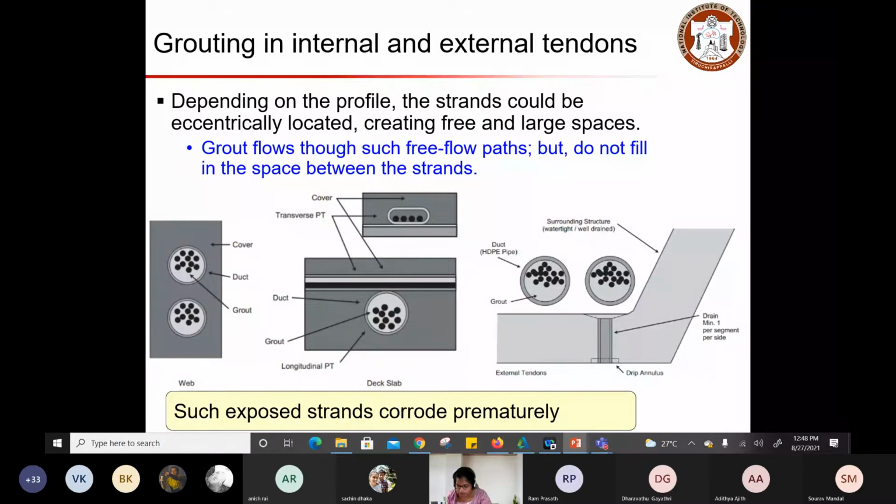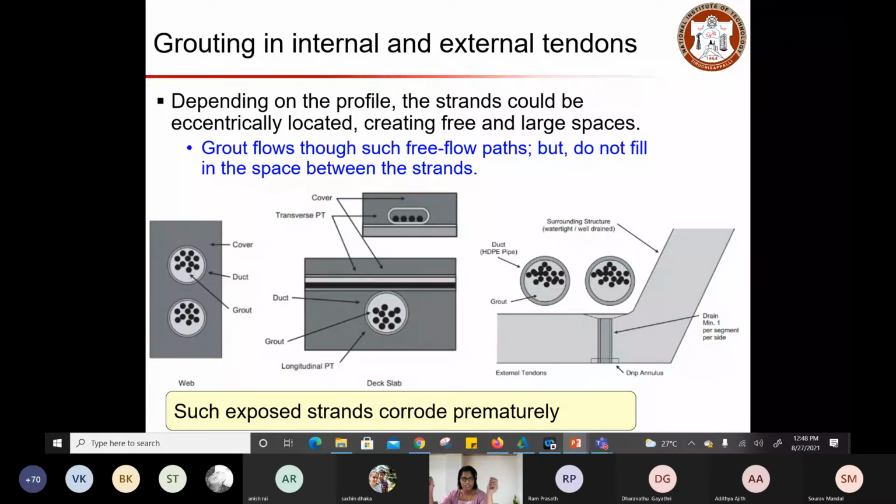So how do we do that grouting? As I told, depending on the applications, you choose either your strands to be used internally or externally. Either way, grouting has to be done, and that depends on the profile of your strand. Generally, when we place the strand inside the duct, even if you place it at the center, at the end we are going to stress and lock the strands at the ends.